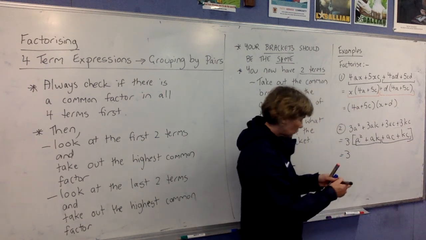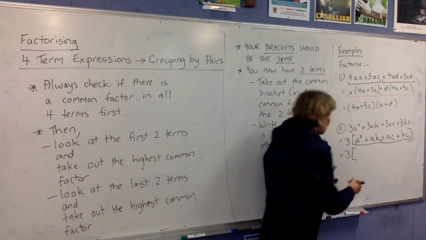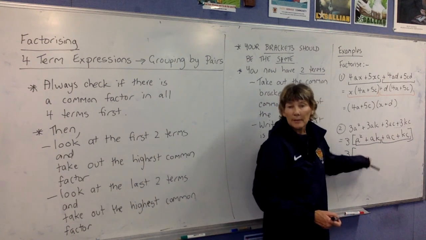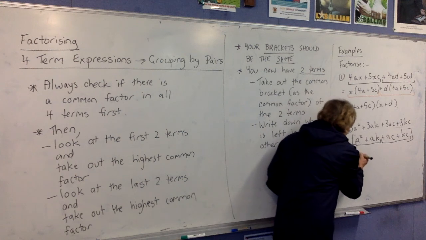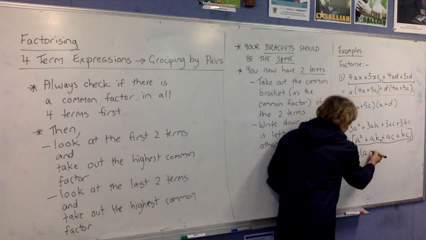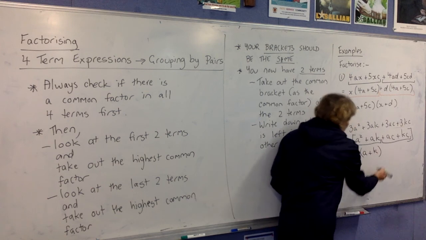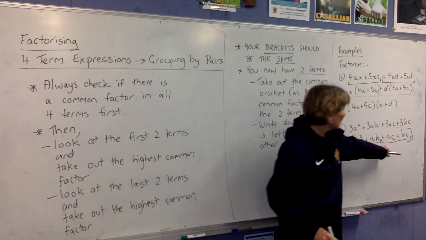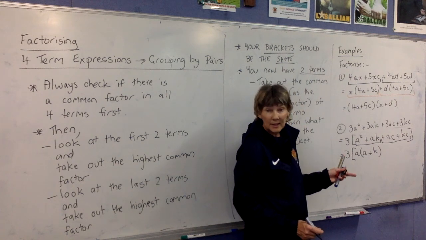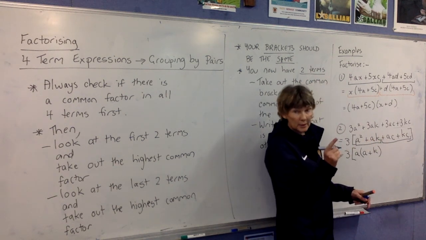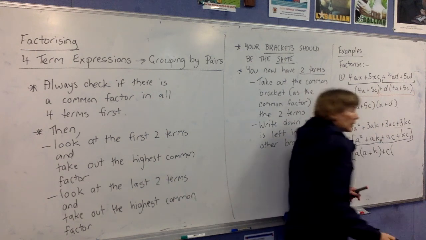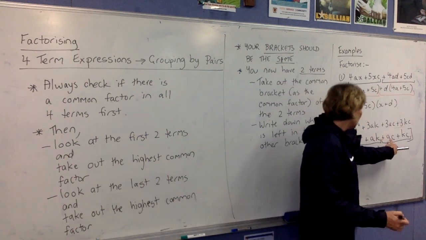So looking at the first 2 terms, we're going to take out what's common from the first 2 terms, and that's A. So let's take it out, write down what's left, and that's finished. Now we're looking at the other 2 terms. We're taking out what's common first, and that's a C. Don't forget it needs a sign, so it's a positive C. Now we're going to write down what's left, and that's going to be A plus K.